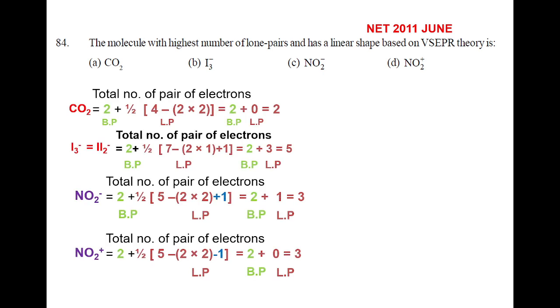Carbon dioxide is linear but has zero lone pairs. I3 minus is linear having 3 lone pairs, while in the other cases we have 1 and 0 lone pairs. So in case of I3 minus we have 3 lone pairs of electrons. So answer B is the correct answer.